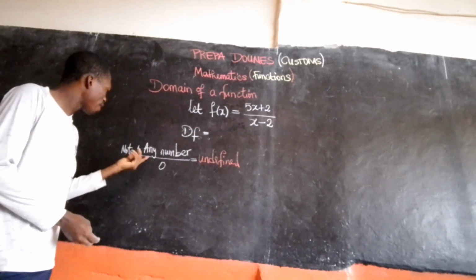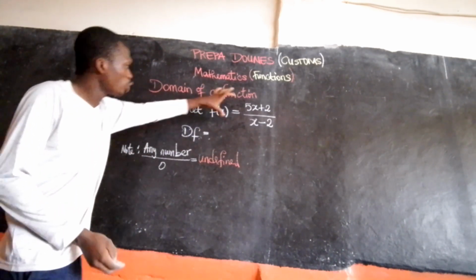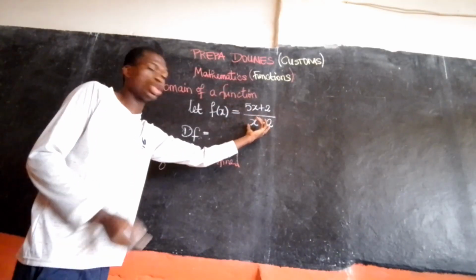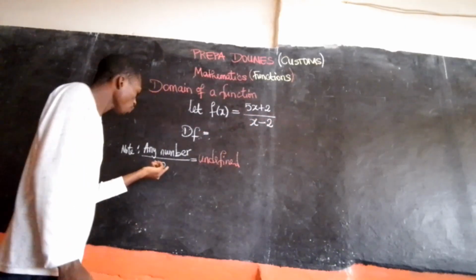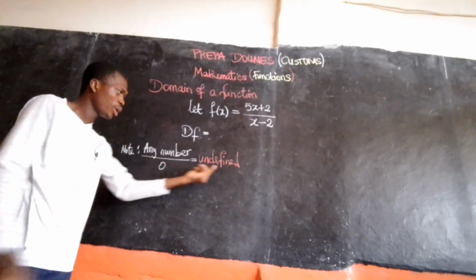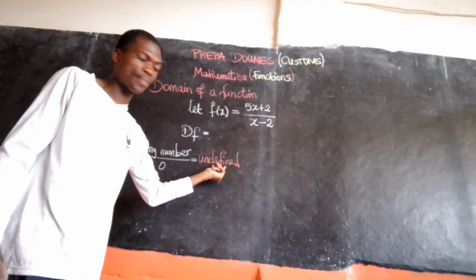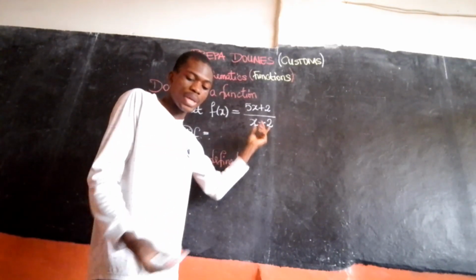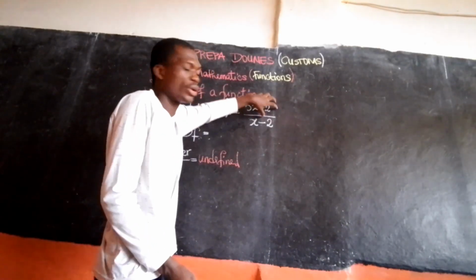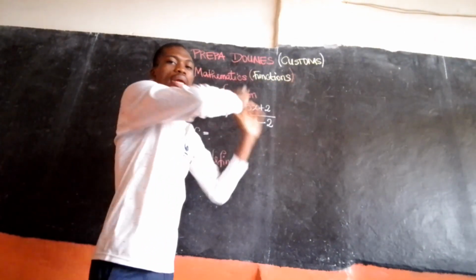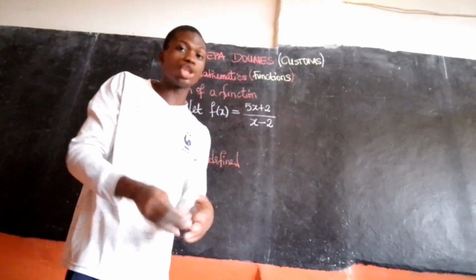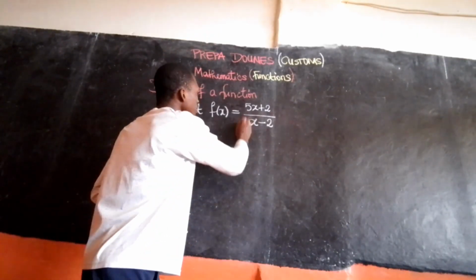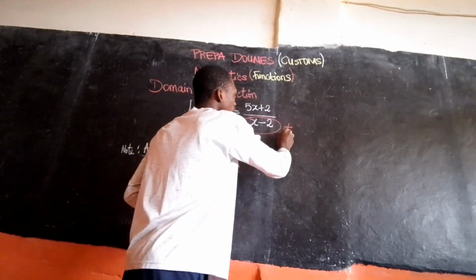So, this therefore tells you that for this function to exist, the denominator should not be 0. Because if the denominator is 0, the function is undefined. Therefore now, the denominator should not be 0. Means that what? I don't care about the numerator. No matter what is the numerator, it will still cause the function to exist. But the denominator should not be 0.